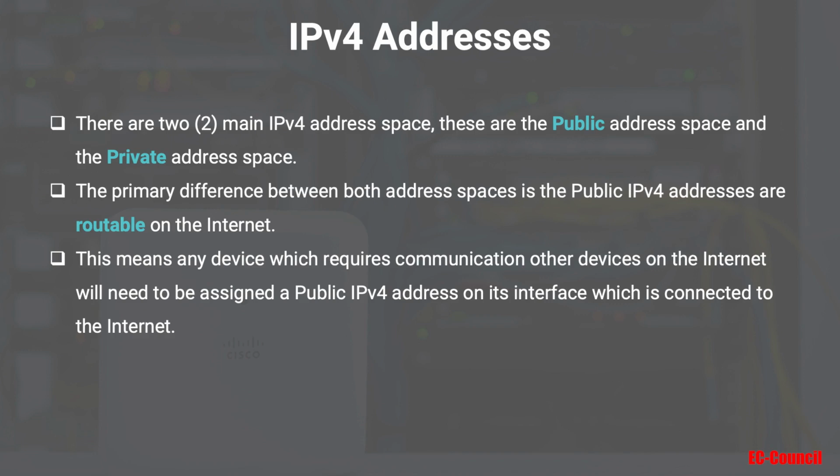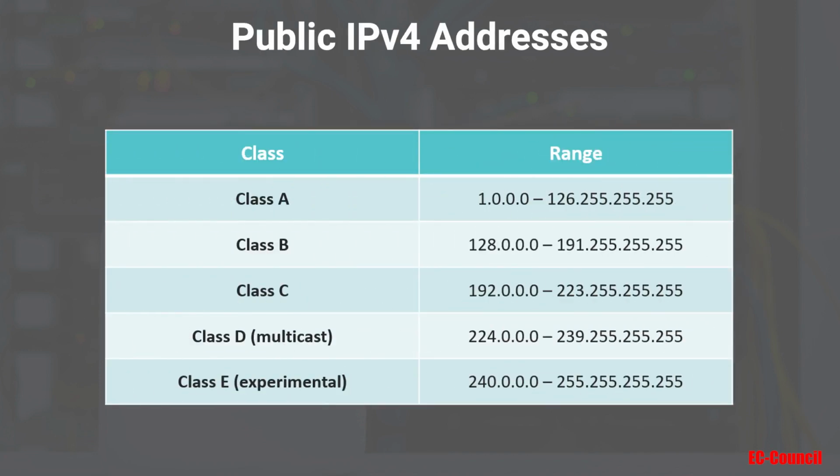So now let's take a look at the public IPv4 address classes. Typically, we use only the first three classes, Class A, Class B, Class C. And as you can see, we have the ranges of each of these address classes. Class D is used for multicast, which is for very special programs and applications. Class E is for experimental use and reservation.